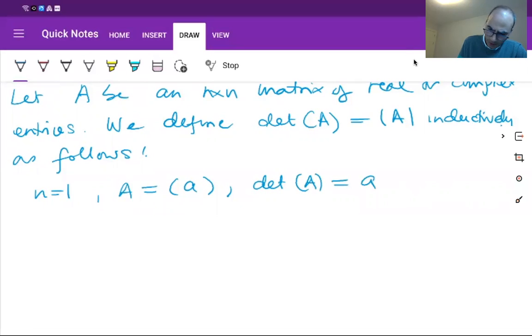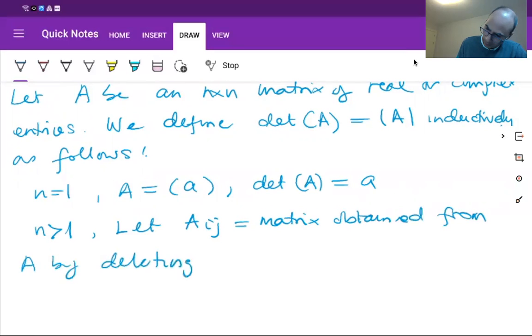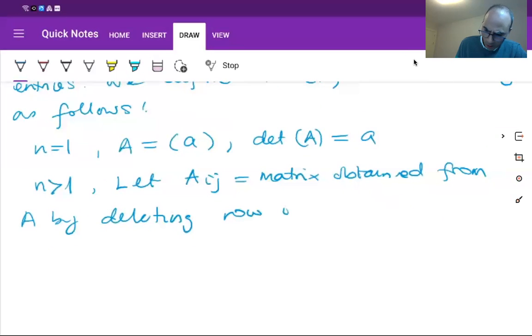If n is bigger than 1, let Aij be the matrix obtained from A by deleting row i and column j.